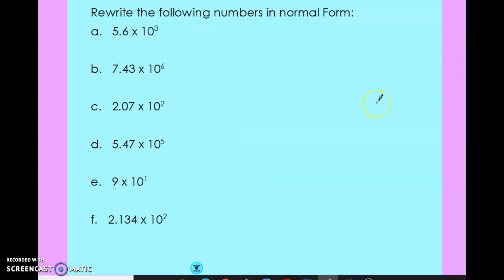We can do this the other way as well. We can write these numbers back in full. We've got 5.6 times 10 to the power of 3. Again, I'll do this one out in full for you. That means 5.6 times 10 times 10 times 10. Now 5.6 times 10 would be 56. That's been times by 10 once. That's my decimal point. Times by 10 again, add a 0.